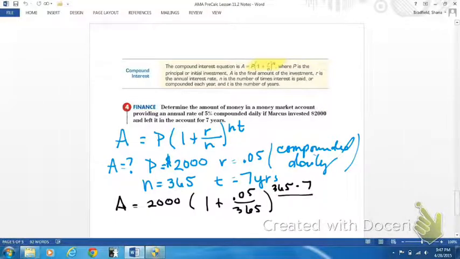So when you do that as an exponent, that 365 times 7 all has to stay together. Again, you can use the order of operations, or you can just put it in your calculator all at once, but you should get an amount of $2,838.07.